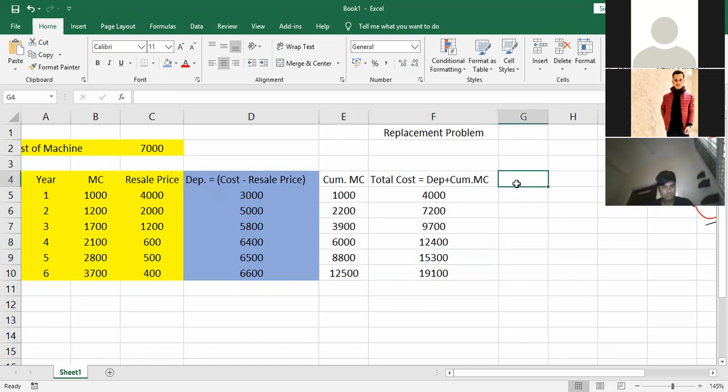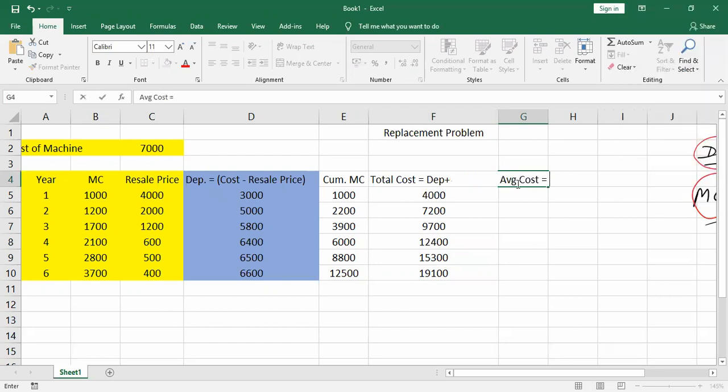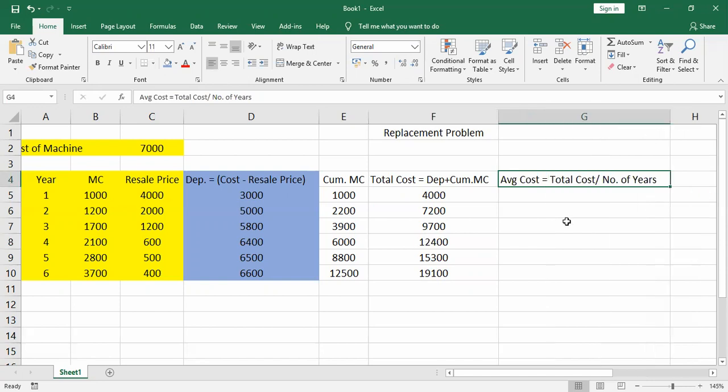Now I'm going to calculate average cost. Average cost is basically total cost divided by number of years.